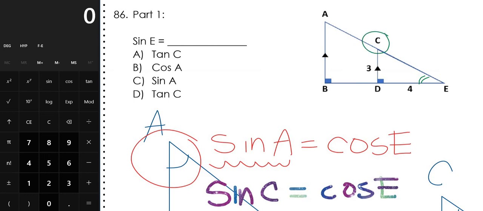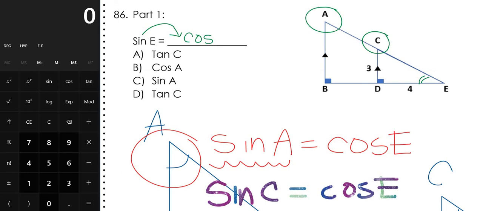It's complementary to angle C. It's also complementary to angle A, because angle C and angle A, we know, are congruent. So when it says sine of E, naturally, I want to use my sine and cosine of complementary angles rule and start writing the word cosine. So sine of E is equal to cosine of blank, cosine of the angle that's complementary to angle E.